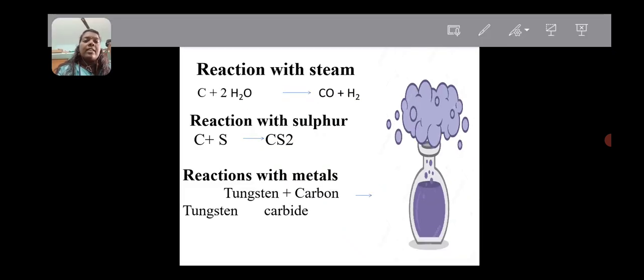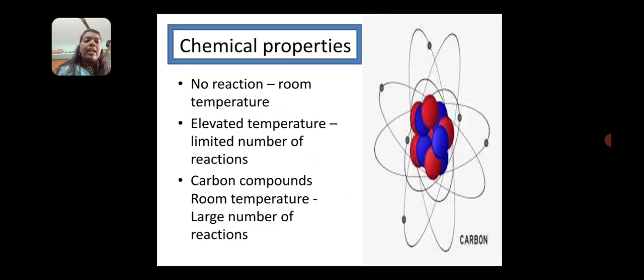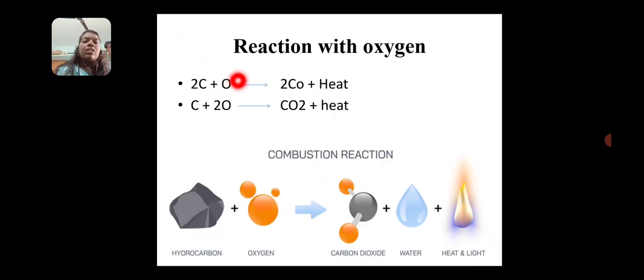Once again, let's review some of the chemical properties. Carbon does not react much at room temperature. At elevated temperature, a limited number of reactions can occur, but carbon compounds at room temperature undergo a large number of reactions. When it reacts with oxygen, it first produces carbon monoxide, and in a second reaction it provides carbon dioxide also.